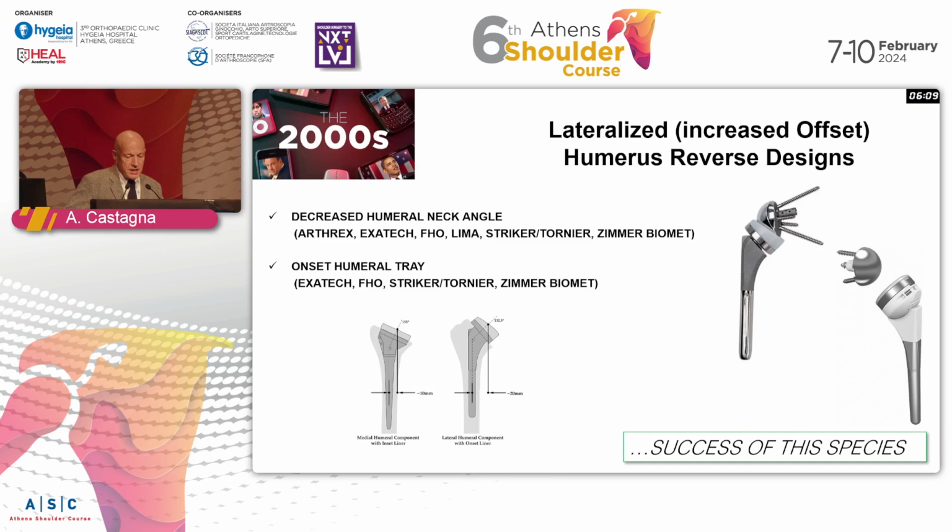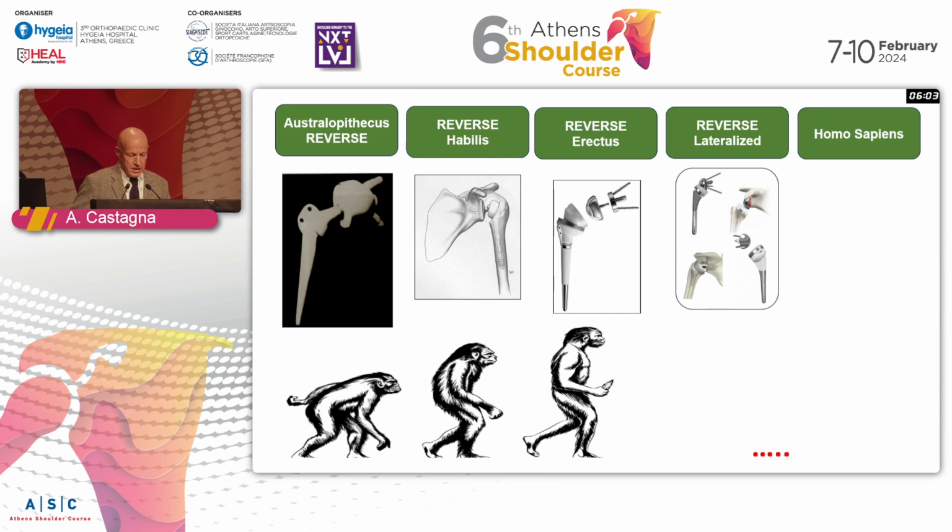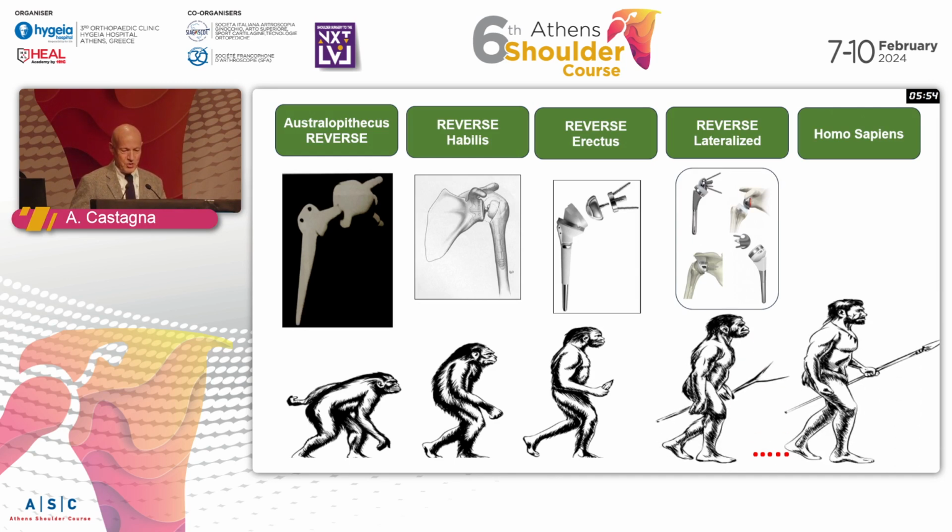And it was even increasing the success of this species, responding to the necessity that I was describing before. So now we are reaching a good result for the reverse erectus system that is improving more and more, going to the reverse lateralized. Still, we are the Homo sapiens, and we want to improve it more and more.